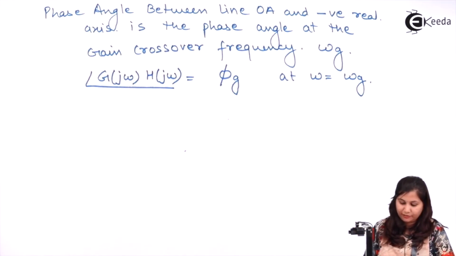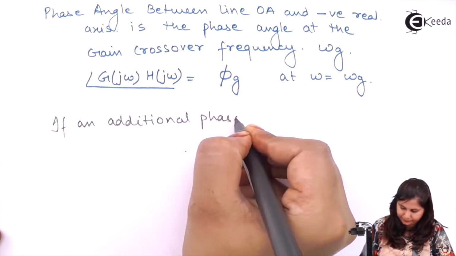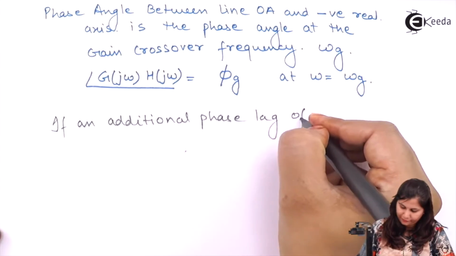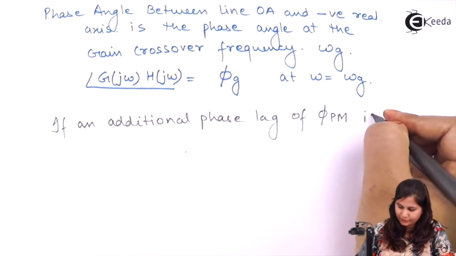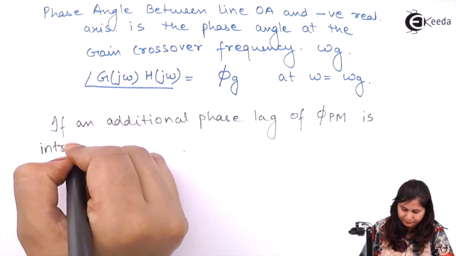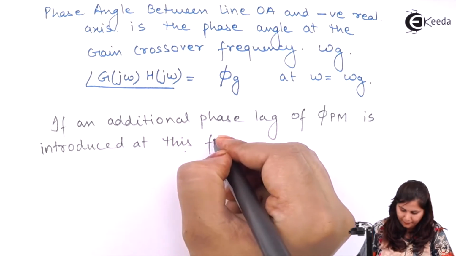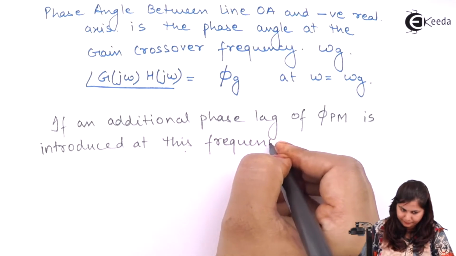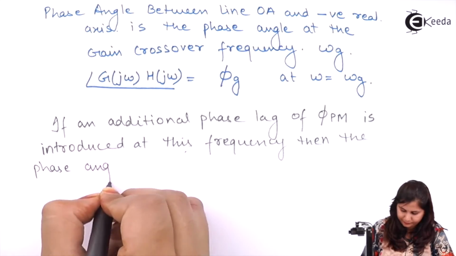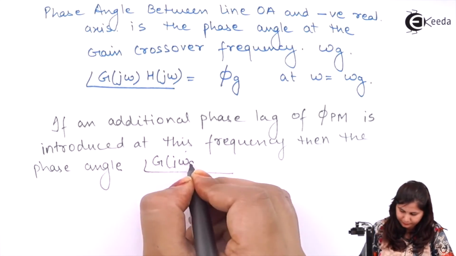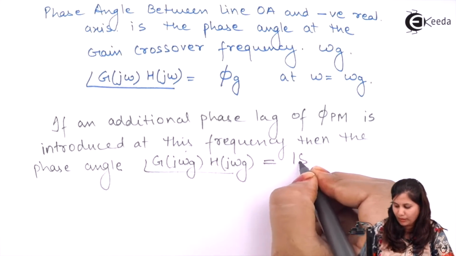Now if an additional phase lag of phi pm, that is the phase margin, is introduced at this frequency, then the phase angle at the gain crossover frequency will become 180 degrees.